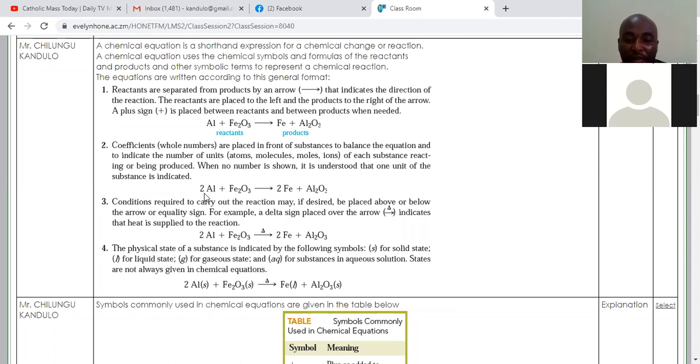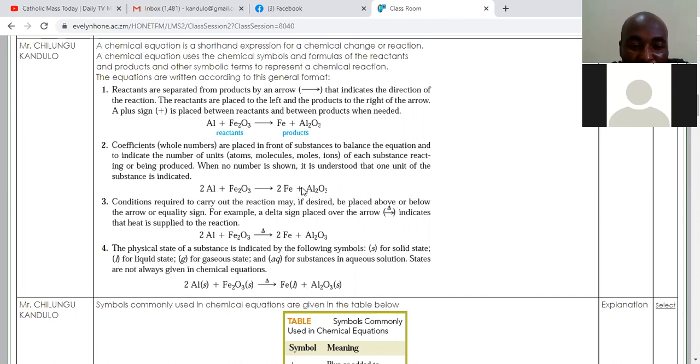But if you're reading your book, you will find fractions. It's very possible, like putting a half. Don't throw the book, just know your maths.